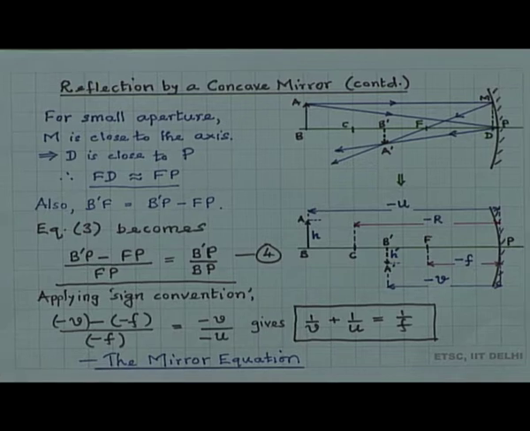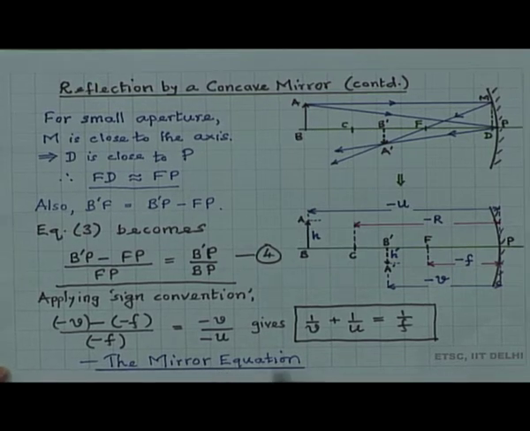and simply apply the sign convention and substitute the relevant quantities, and we have the mirror equation. The mirror equation tells us that if you know any 2 of the quantities, then the third quantity can be determined.